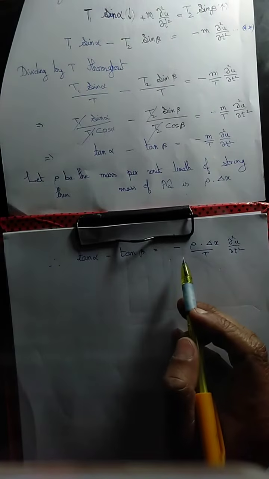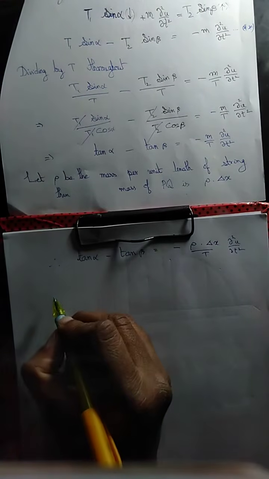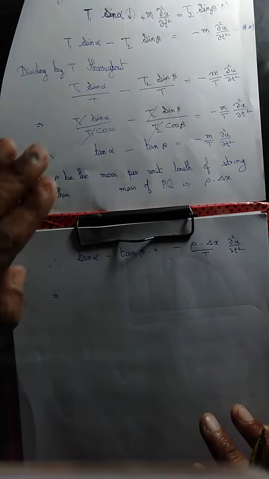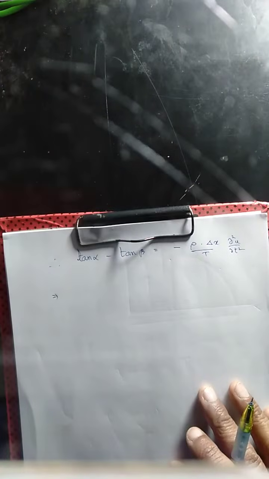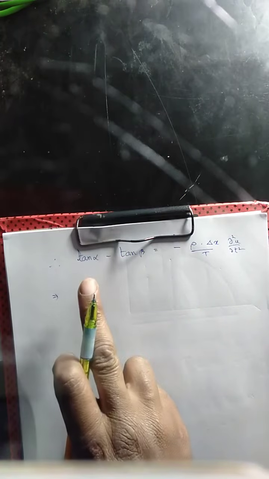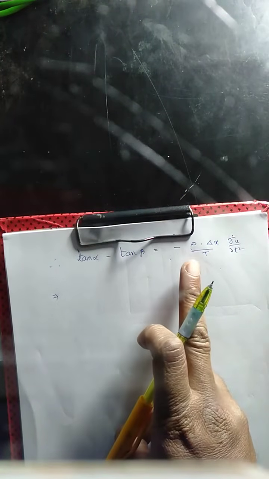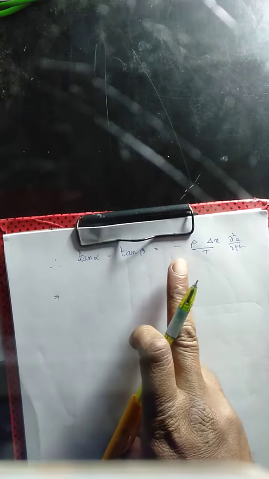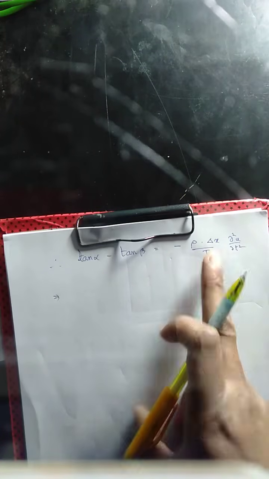Why keep the minus here? Let's multiply by minus throughout. We have just written, instead of mass, linear density into delta x.